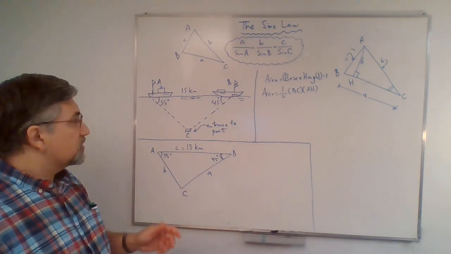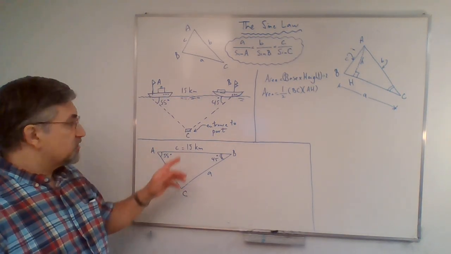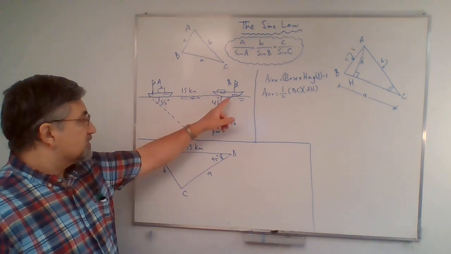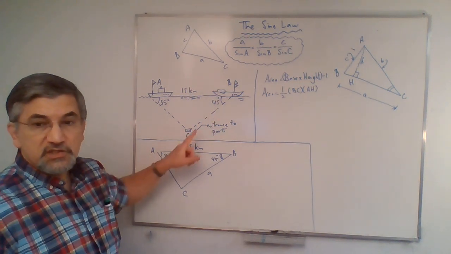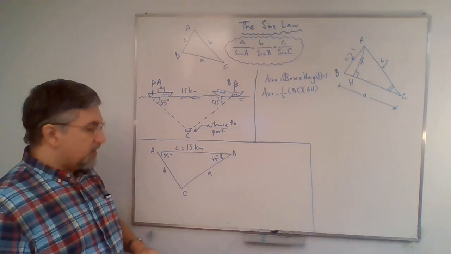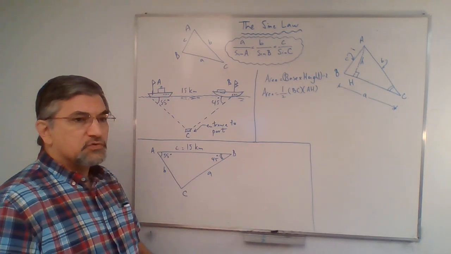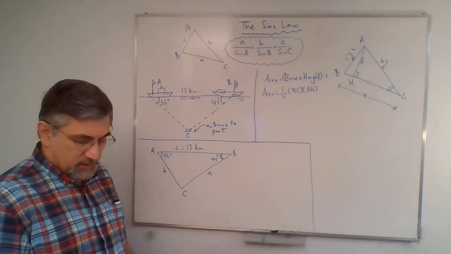Now, the first question here is which ship is closer to the port entrance? Is it this distance BC that is smaller, or is it AC that is smaller? This is a common sense kind of question.